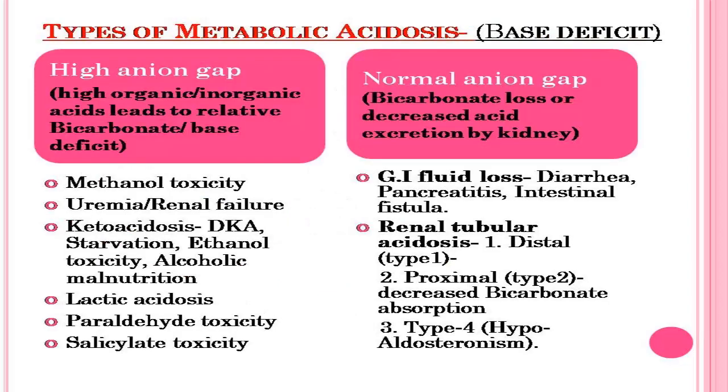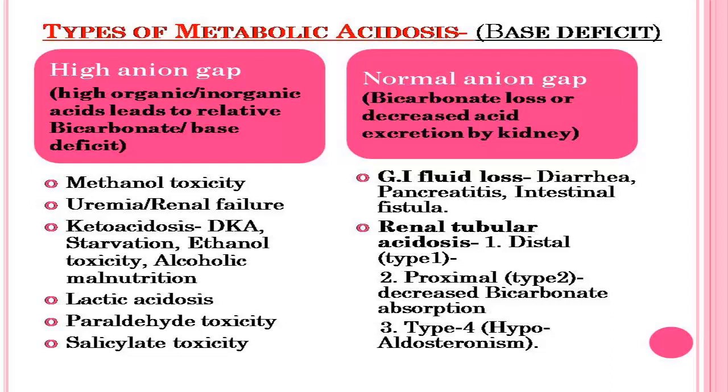Now next slide. Now next question, what you will be asked in the exam, that is the types of metabolic acidosis with causes. Now in metabolic acidosis, as I have discussed, the anion gap is very much important. The types of metabolic acidosis depend on the anion gap. There are many conditions which can lead to high anion gap metabolic acidosis or normal anion gap metabolic acidosis.